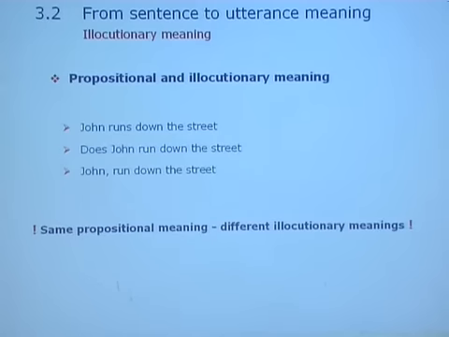So in a way you could think of the propositional meaning as a specification of something like an event, and the illocutionary meaning as a specification of whether you make a statement about this event, or whether you question whether this event is actually the case, or whether you want someone to do something in the world so that afterwards this event took place. Okay? So same propositional meaning, different illocutionary meanings.